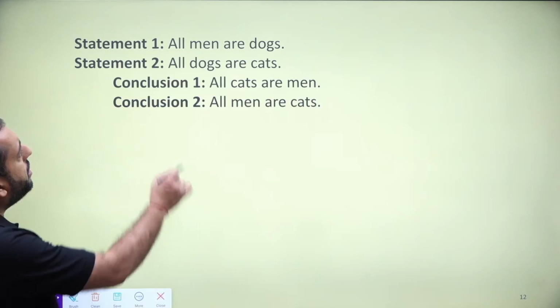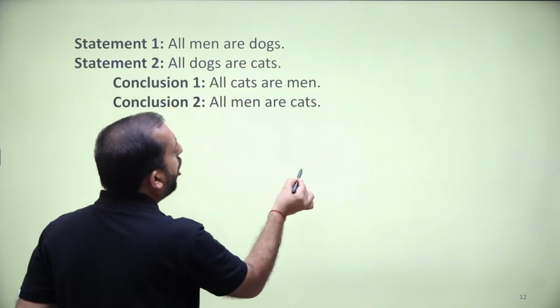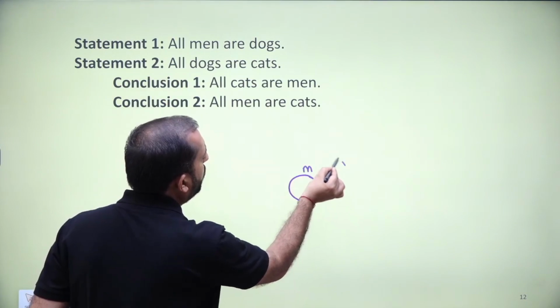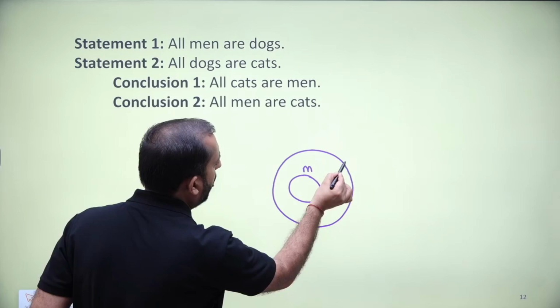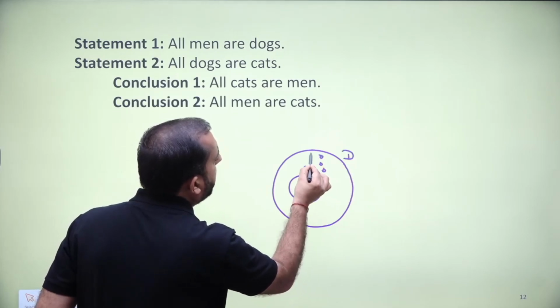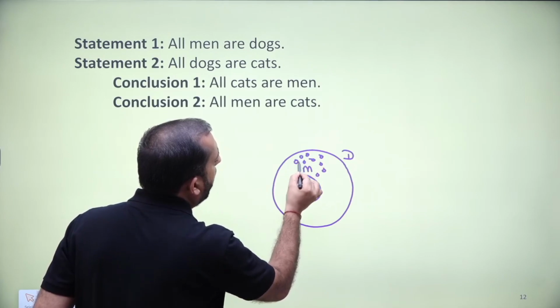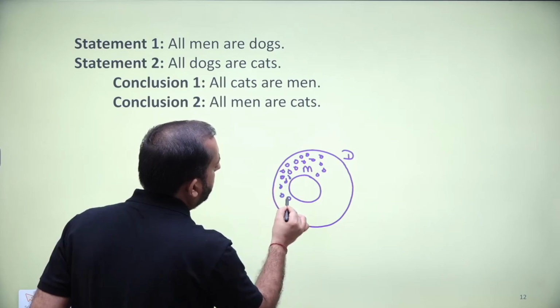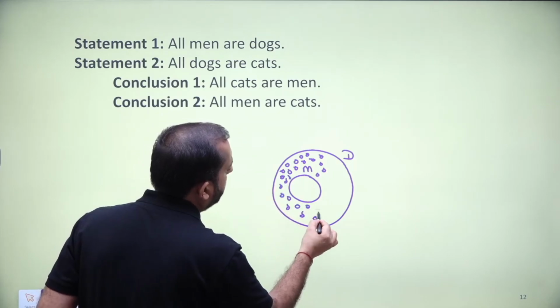In this question, statement 1 says all men are dogs. So the circle of men will be inside the circle of dog. And this part of the diagram which is outside men is indefinite for us. Let me write it down.